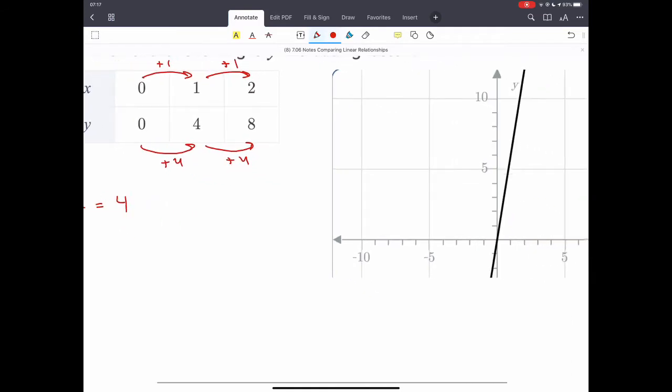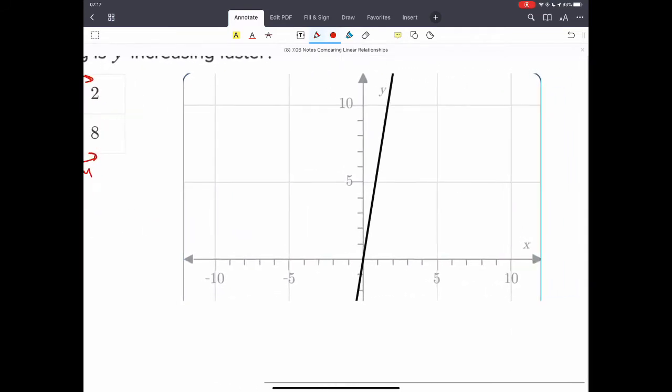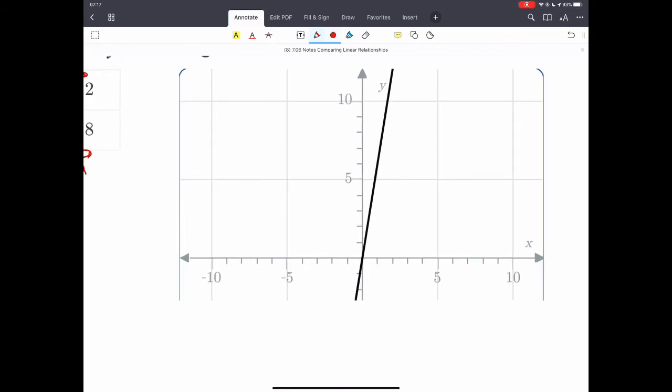In the table, it was 4. In the graph, we need to pick a starting point again. And it's hard to see, but it looks like the line goes perfectly through the origin. This one didn't provide me with very nice grid lines to look at, but it looks to me as if maybe right here.